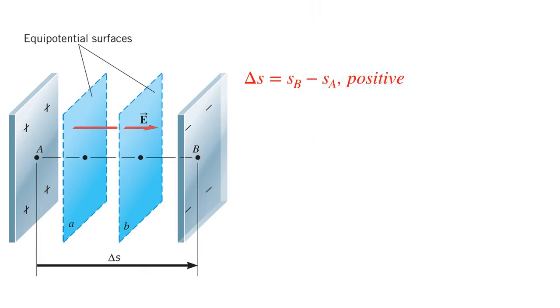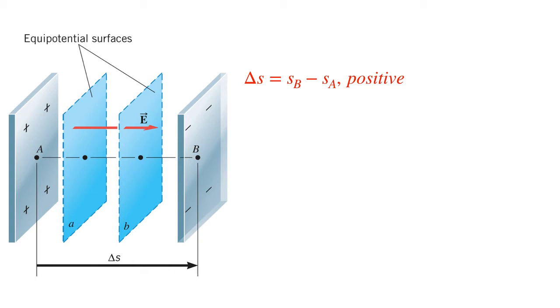Delta S, by the way, is the symbol usually used for some generic spatial coordinate. So X, Y, Z, R, any kind of spatial coordinate, even if you have tilted coordinates or curvilinear coordinates. S is sometimes used for a spatial coordinate in a generic term, meaning you can use it for any.